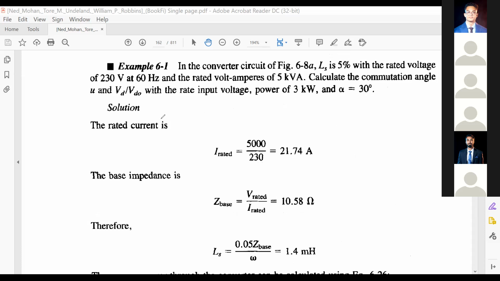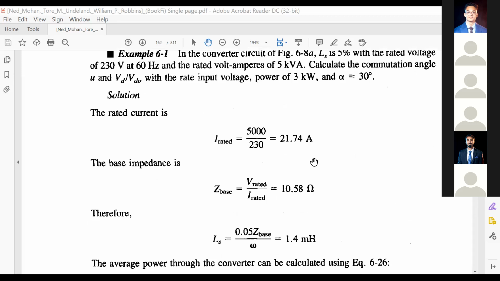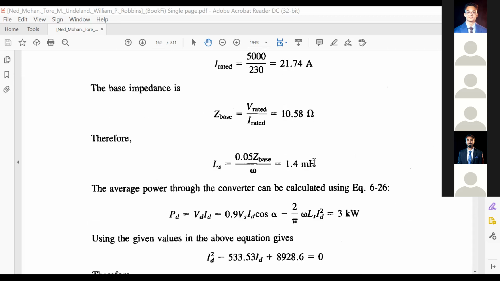Because there will be a quadratic equation that will come. So if you put there, power is given here, 3 kilowatt power has been given in your question. So VD times ID. VD we know is 0.9 Vs cosine of alpha minus 2 omega LS ID divided by pi, multiplied by ID. So that is your PD.